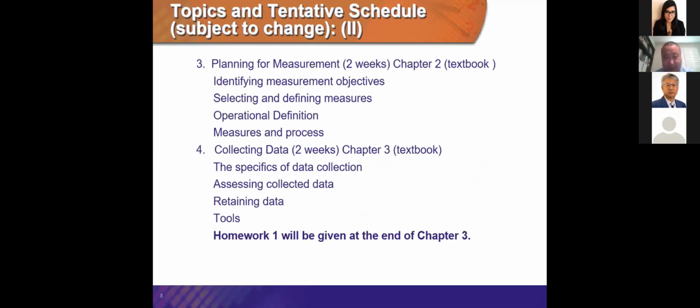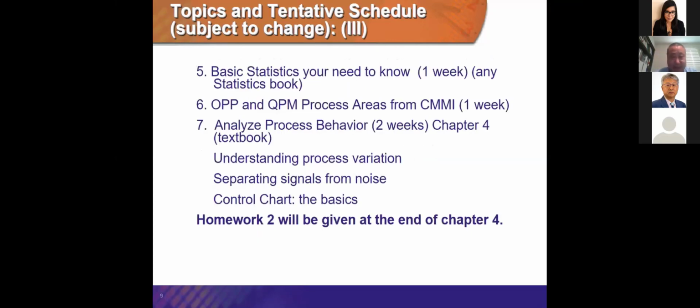One of the key concepts here is the so-called operational definition: how you can make sure the data you collect are comparable and consistent. There are some issues involved. We'll also cover some basic statistics we need to know, and some basic concepts about high maturity.